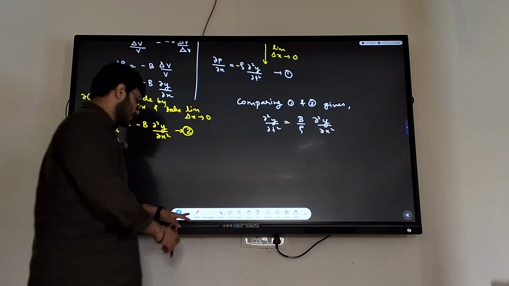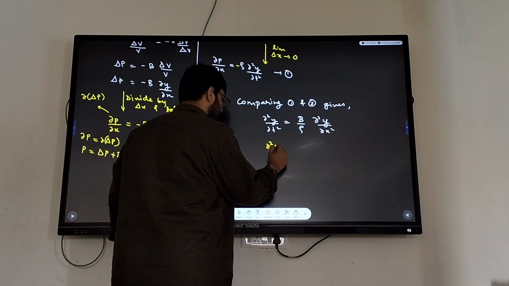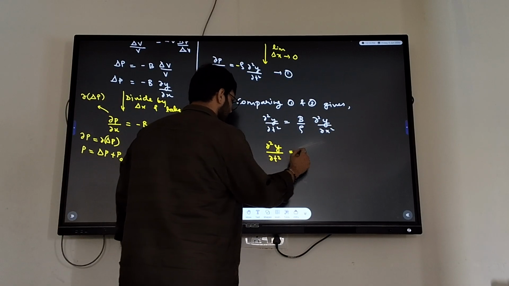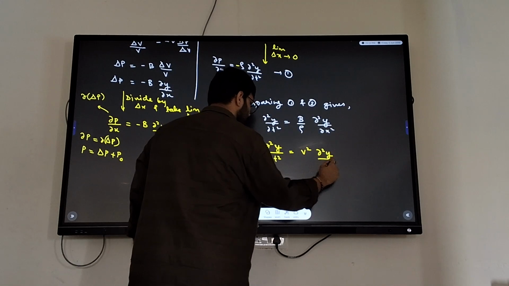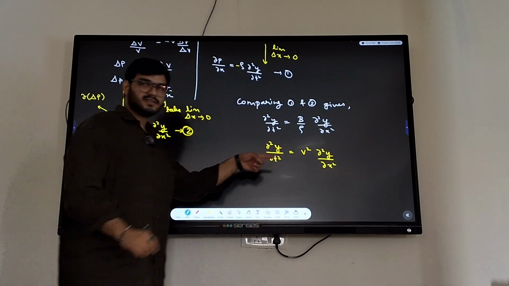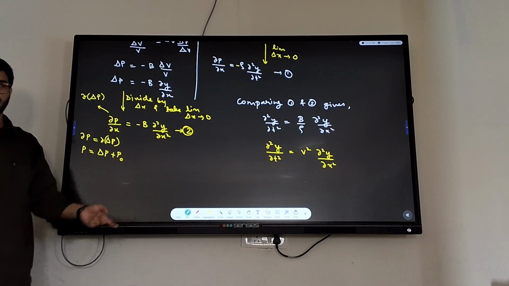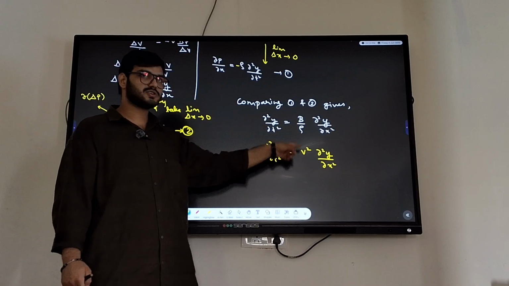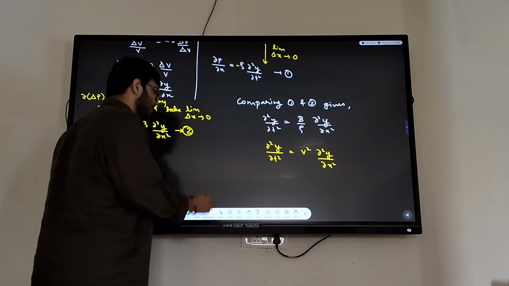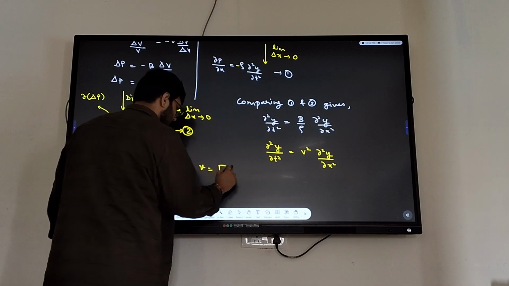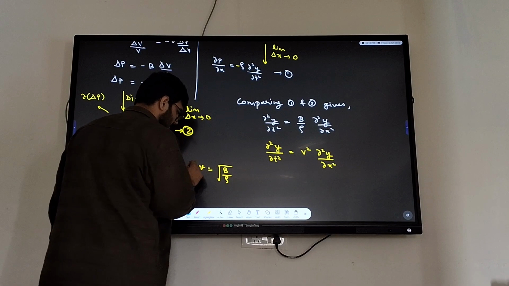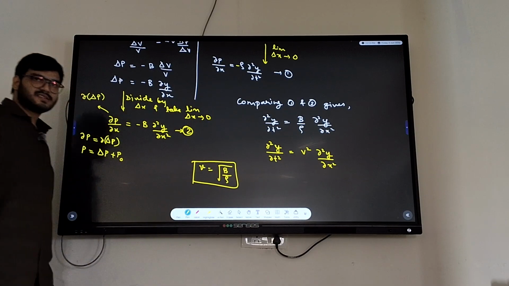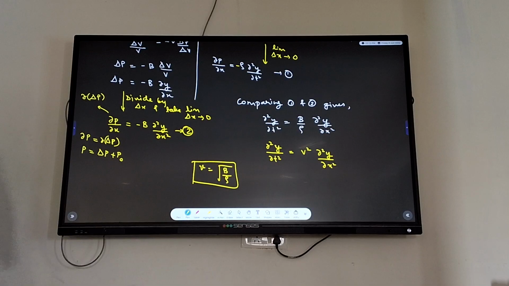Do you remember? It was del 2y by del t2 equals v squared del 2y by del x2, where v was the speed of the wave. And if you compare now, what should the speed of the wave come out to be? This is the result that I used earlier. And this is what you find, that the speed of a longitudinal wave is under root B by rho.